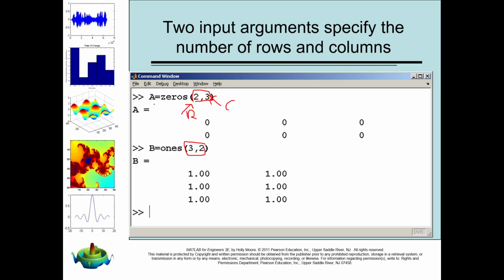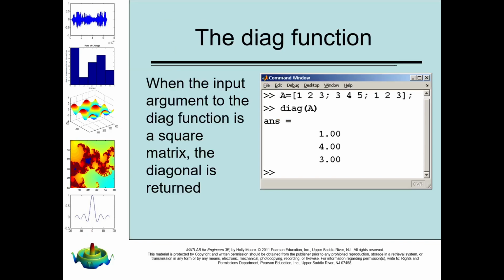So sekarang you cakap dekat MATLAB ni, create matrix A with zero value. Matrix A ni kena ada 2 row, ni 1 row, ni 2 row, and then 3 column. Ni 1 column, 2 column, 3 column. Macam tu juga this one, create matrix B, ada semua elemen dia adalah 1. 3 row, 1, 2, 3, and then 2 column. The diagonal function.